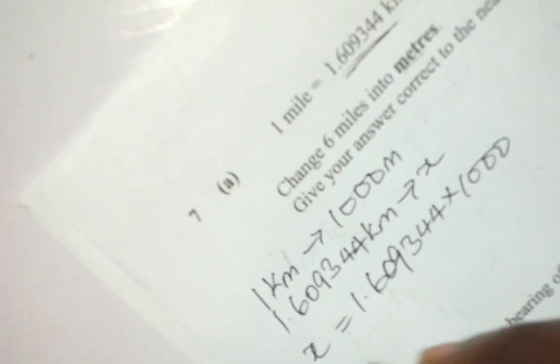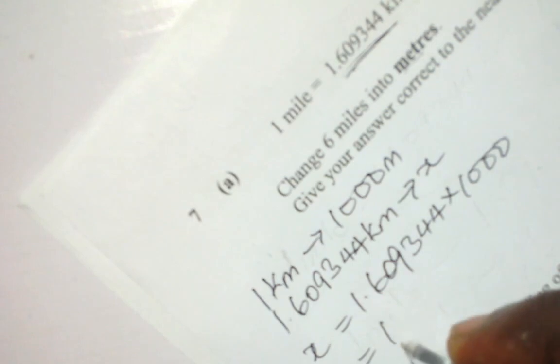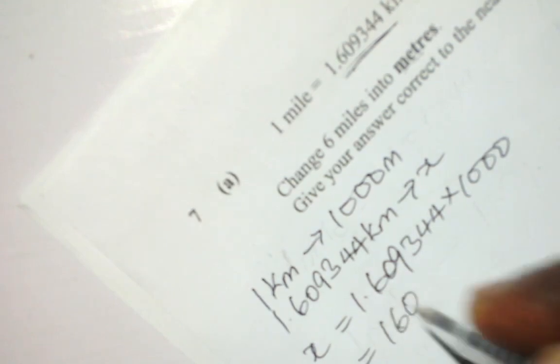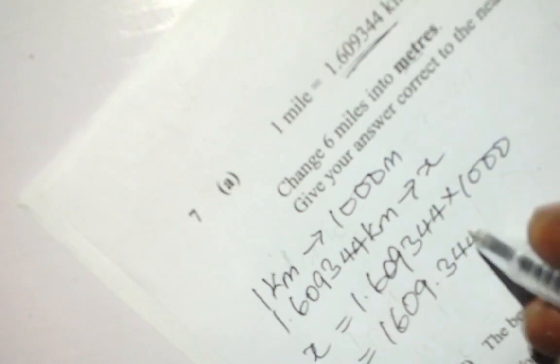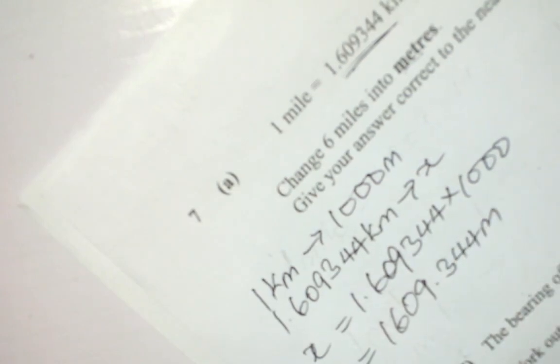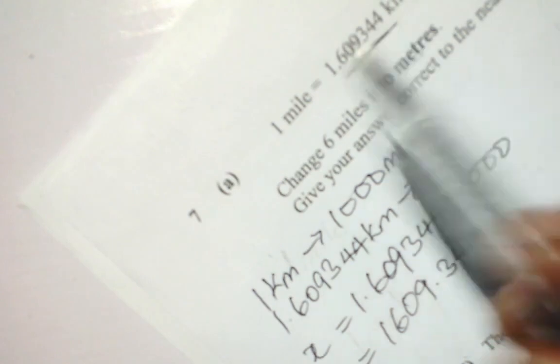That means x is equal to 1,609.344 meters. Now that we know the value of 1 mile, we converted this kilometer to meters, and it gives us 1,609.344 meters. We can now change 6 miles into meters.